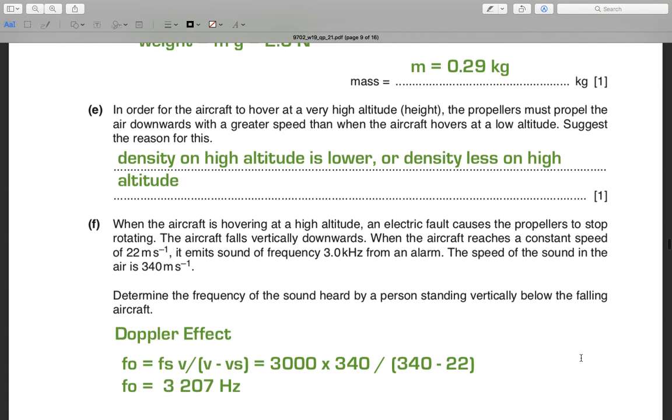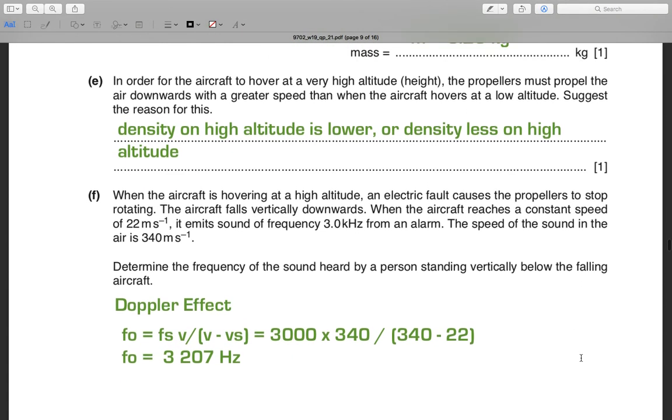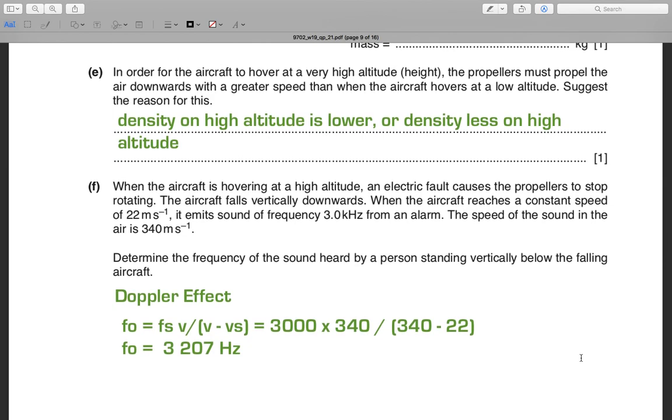Now, question F. I think this is the final question of this number. When the aircraft is hovering at high altitude, an electric fault causes the propellers to stop rotating. The aircraft falls vertically downward.